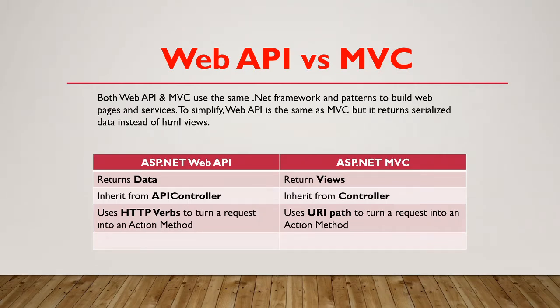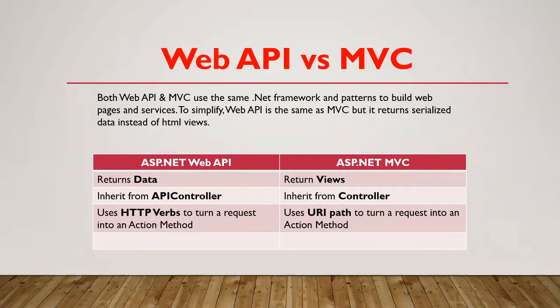If you're a .NET developer, you must be familiar with the MVC framework that we all use to create web applications and web pages. Web API is very similar to the MVC framework, but it has a few differences. Web API returns serialized data in JSON or XML format, but MVC returns data in a view, so you need to have that view rendered to see the results.